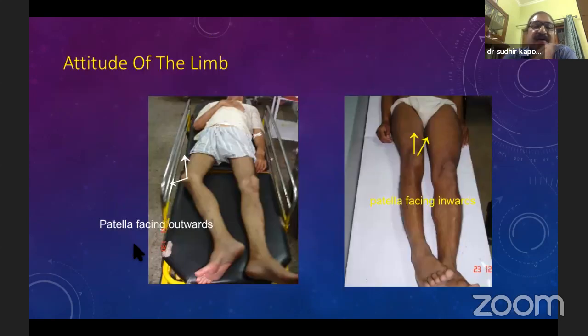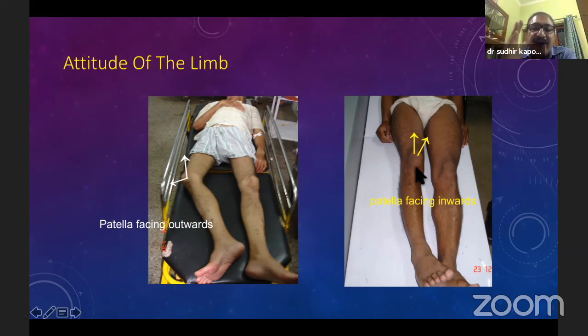Now, after we have seen the gait and conducted the Trendelenburg test, we come to the attitude of the limb. We are going as per the plan which I had shown you earlier. One can make out that the limb may be in a normal position. You can see that in the first picture, the patient's right limb is in external rotation, while in the other picture, the limb is in internal rotation.